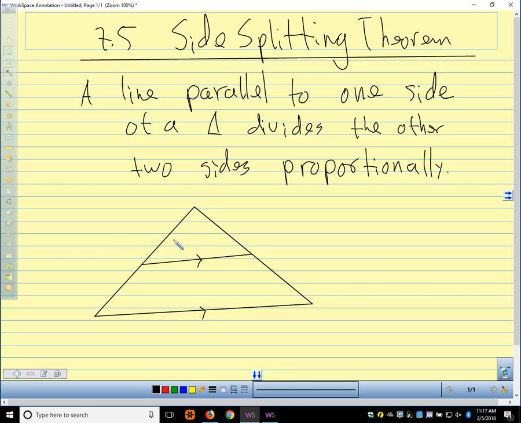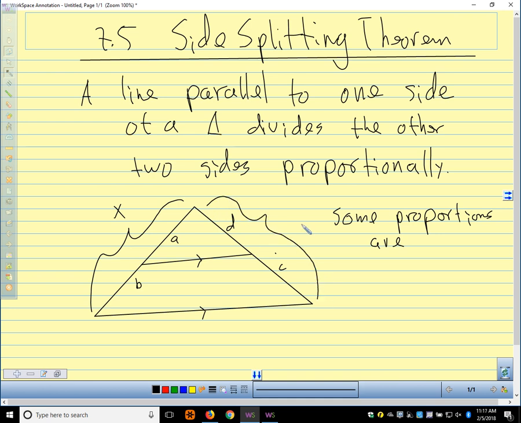I'm going to call this side A, B, and this segment D, and this C. So the side-splitting theorem tells us that these two sides are divided proportionally. So I'm going to say some proportions are, and I'm going to call this whole side X and this whole side Y.